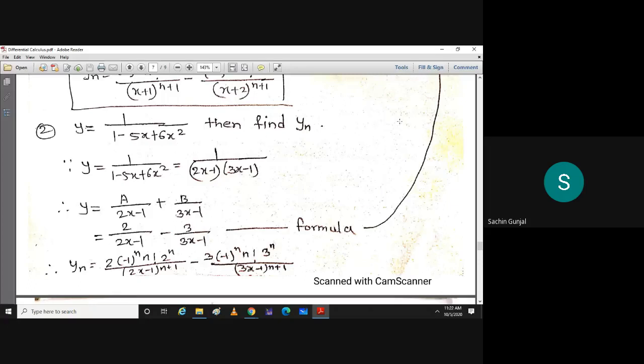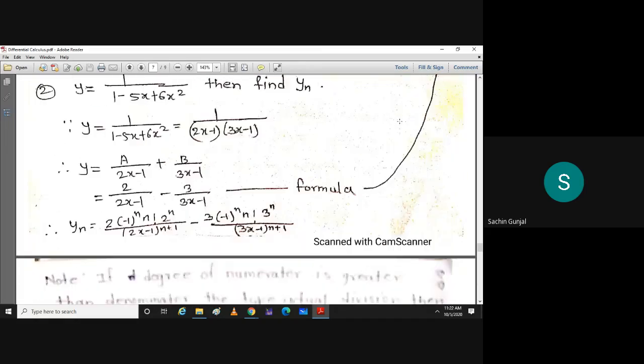You can add and subtract that one, and that factor x minus 1 will get cancelled. But this will not happen every time. In that case we will have to do long division. Divide numerator by denominator, actually do long division, and then simplify that problem.